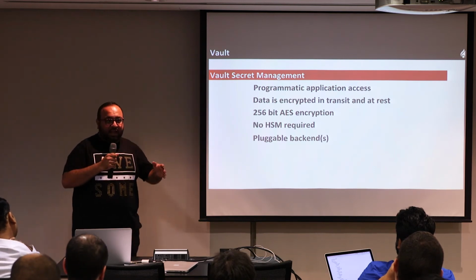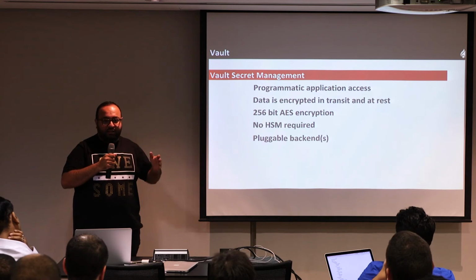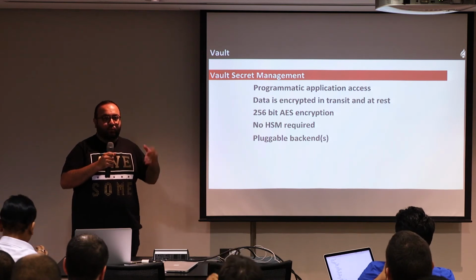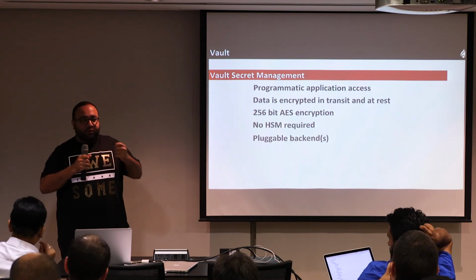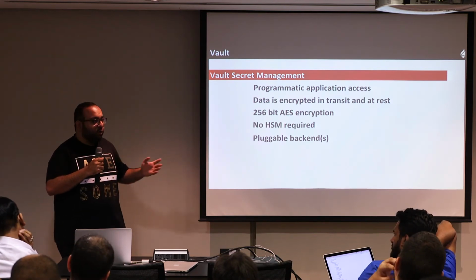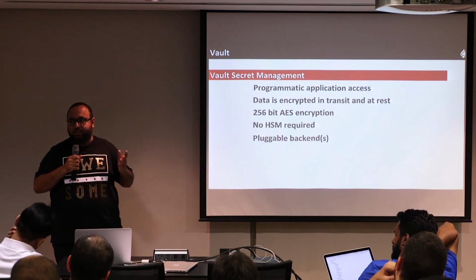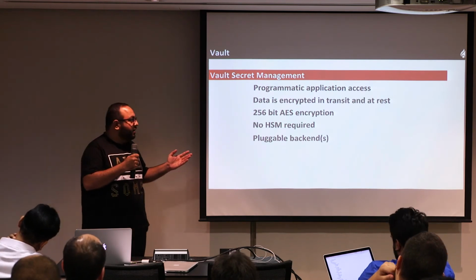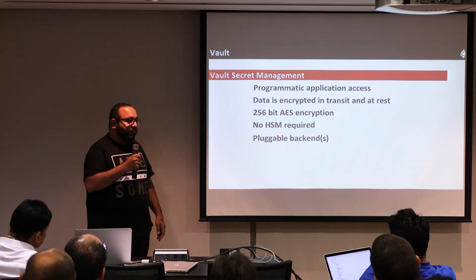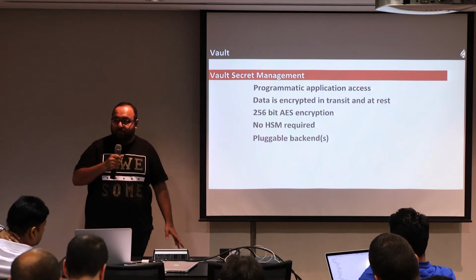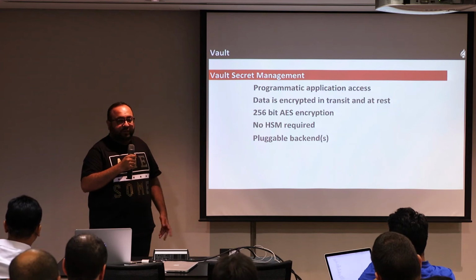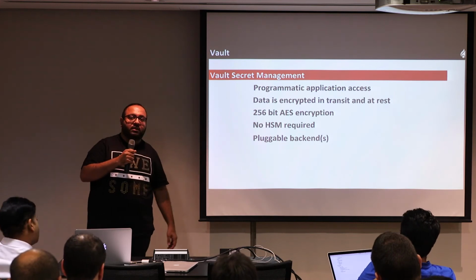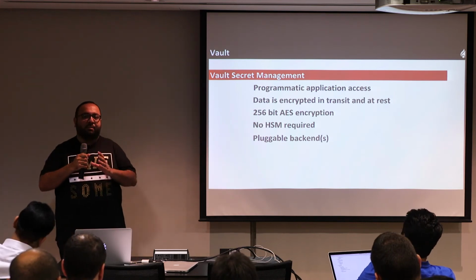So your application can generate MySQL credentials directly rather than you providing it, or your application can generate an S3 API key rather than you providing it, or it can generate a GitHub token, or a lot of stuff that is already supported in Vault. And if for example they don't have it, you can write your own backend, which is pluggable, because everything in Vault is just a backend.